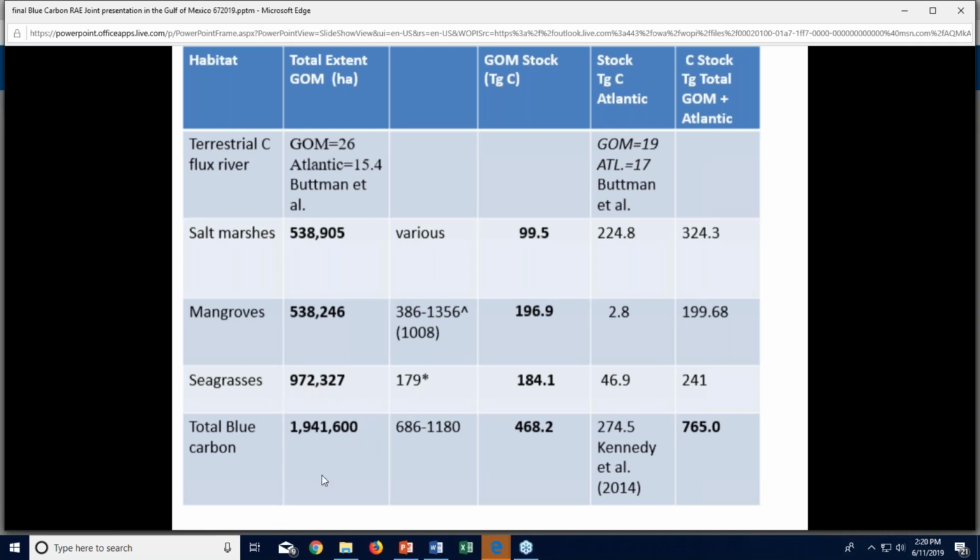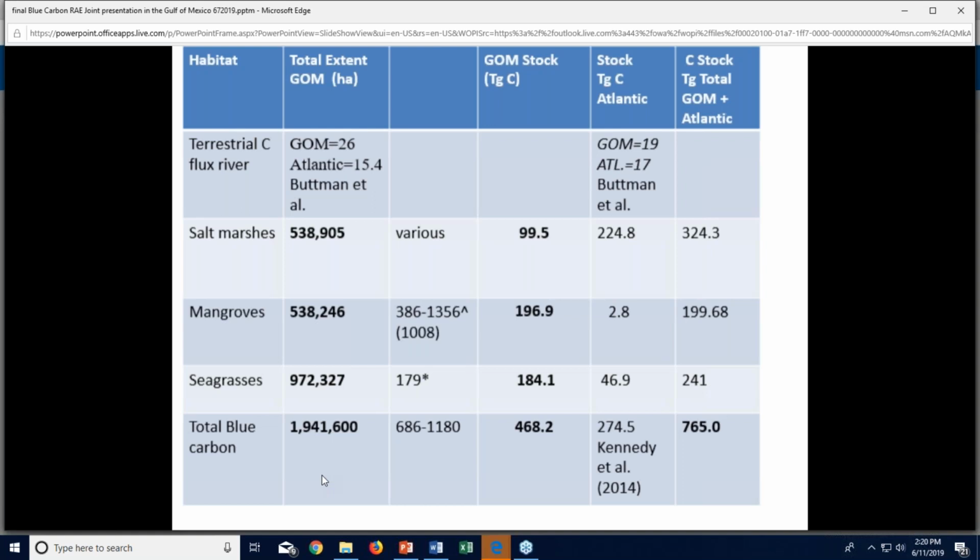Now, I have to tell you right off that we've looked at the loss data, and everyone has the same opinion and estimate that in the 1800s, there were probably double the amount of extent of these three groups, and there could be much more for both salt marsh and mangroves.